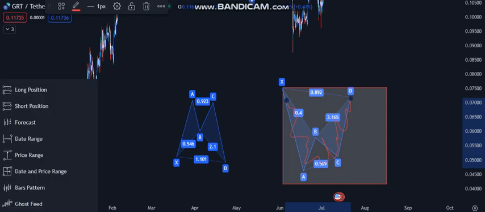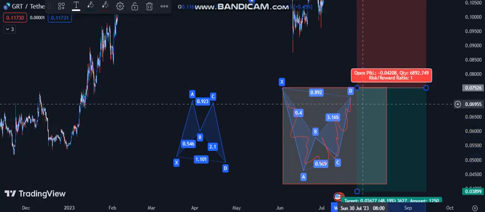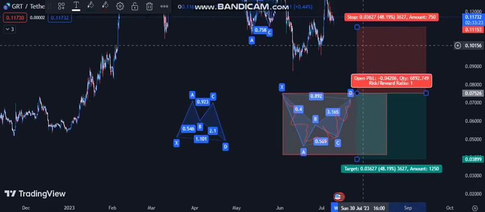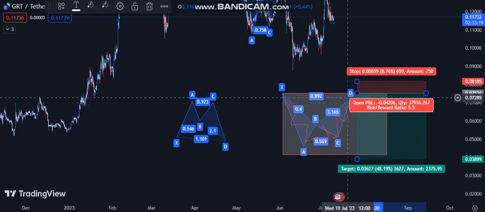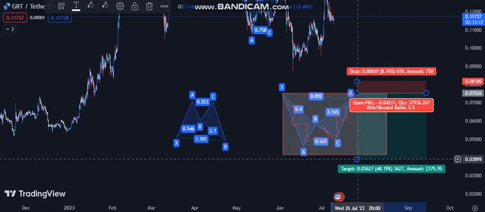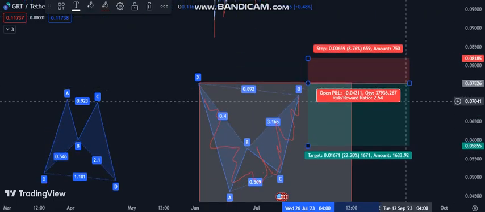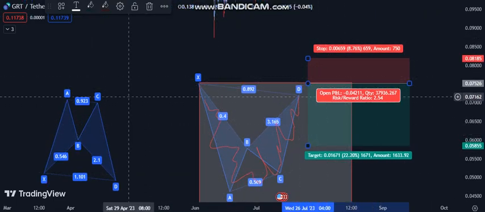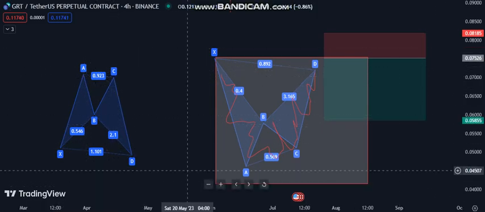So shorting these types is simple. Whatever the other confluence you have, let's say you have an order block or something, you will set the TP as per that, and your TP will be the B point. This one is a very easy scalp, and I've done it so many times in the group, and it goes vice versa for the M part. Simple as that.